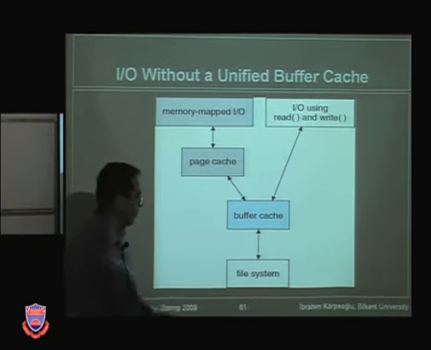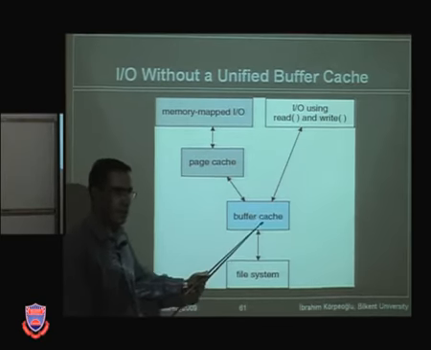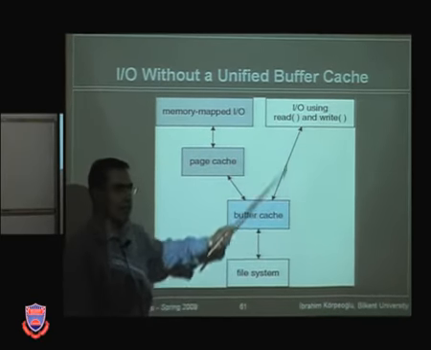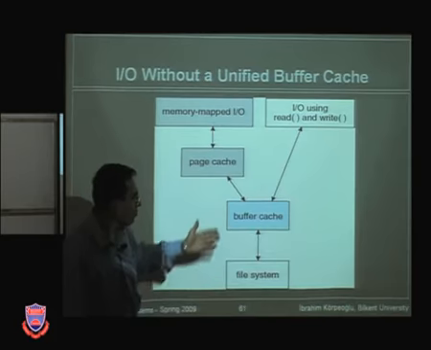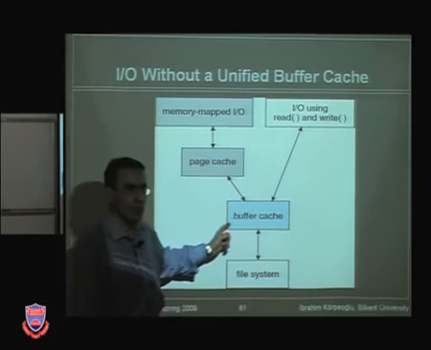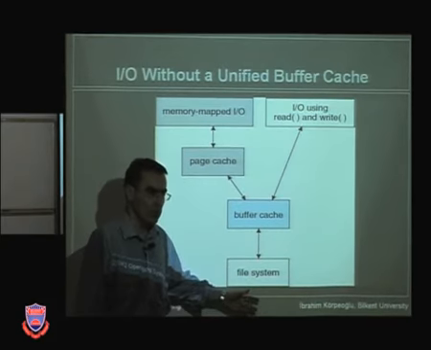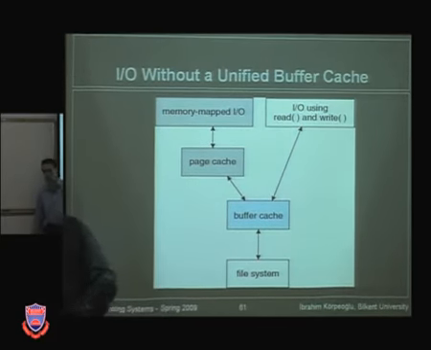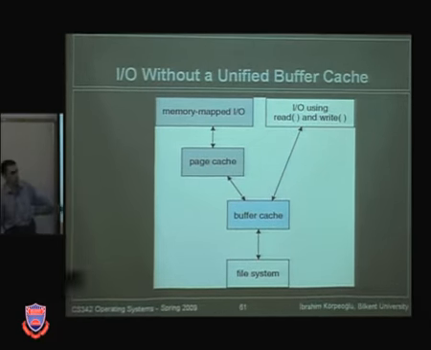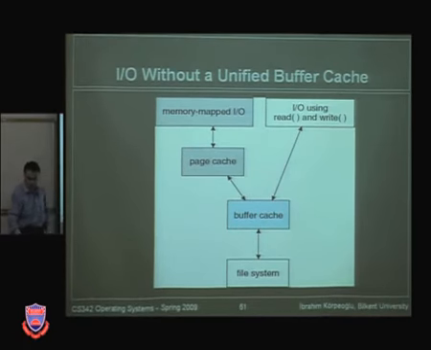So those blocks are retrieved from the disk and they are cached here, okay? So if you read the file again, you are likely to find those blocks in the buffer cache. So next time you don't have to go to the disk while reading the file. So the next read operation may be quite fast and so on.